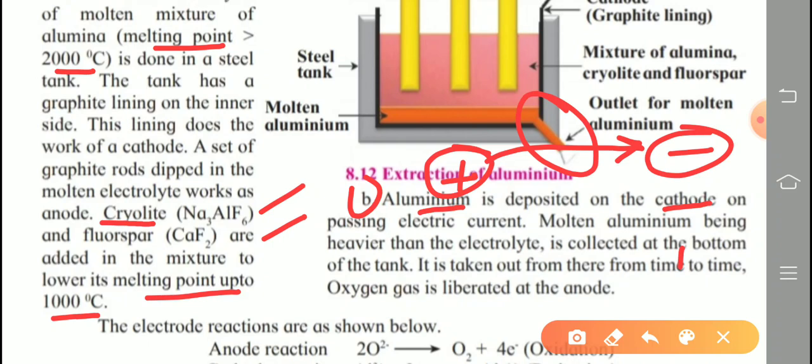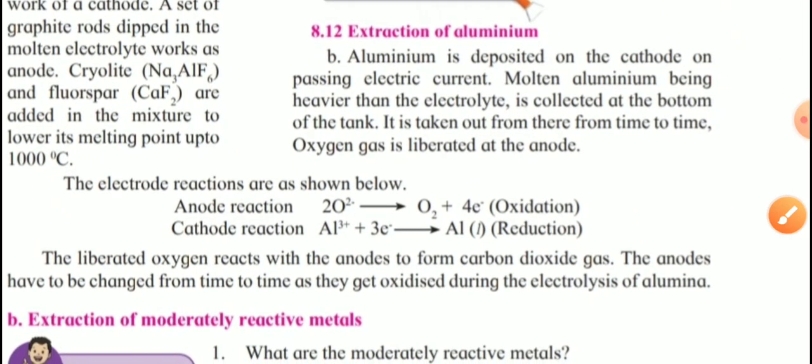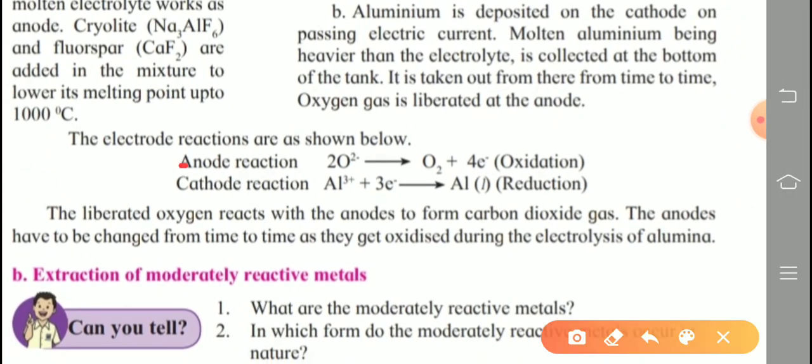So oxygen is liberated at the anode. Anode is what? Carbon electrode, that is graphite electrode. Clear, all of you? Next. The electrode reactions are as given here. So we are writing the anode and cathode reactions. Anode means positive electrode, cathode means negative electrode. So towards the positive electrode, that is the anode, negatively charged oxide ions are attracted.